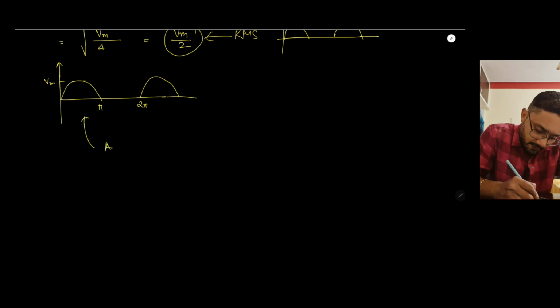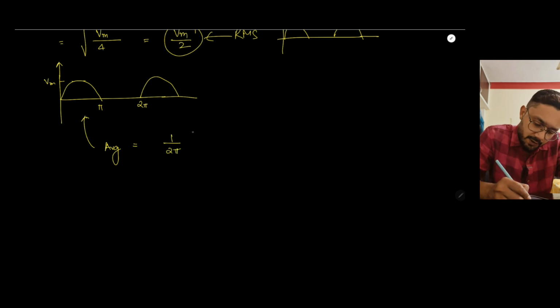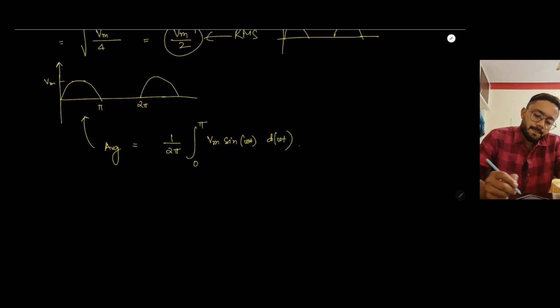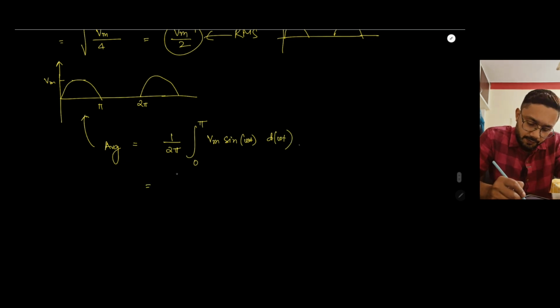So what is the average value? Average value will be simply 1 by twice pi, integration 0 to pi Vm sin omega t. Okay, this is the average value of the waveform.